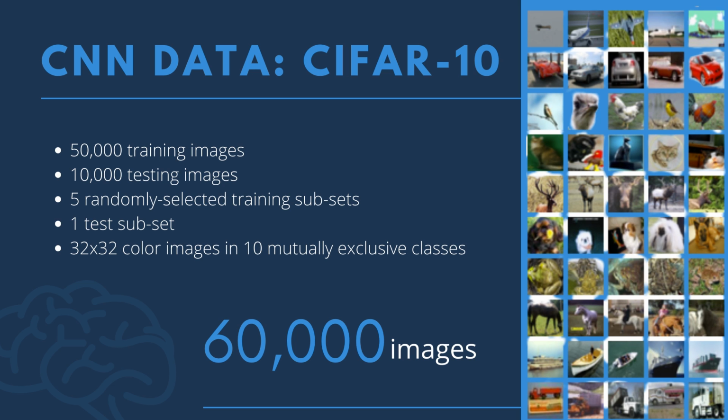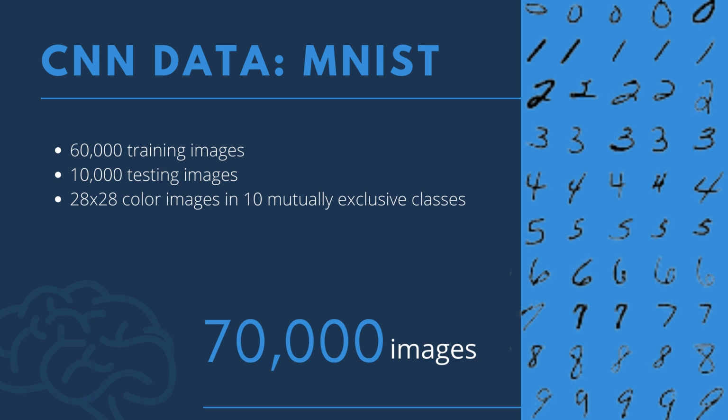Moving on to another data set that we will work with. CIFAR-10 was the first, and I'll have examples of using a neural network with it. MNIST is another one that will come up somewhat down the line. It's a very similar data set in size. It's about 70,000 images. It's a little bit smaller. As you see here, a sample of the images is shown on the right, and they are of numbers ranging from 0 to 9, which makes up 10 classes, similar to the other data set.